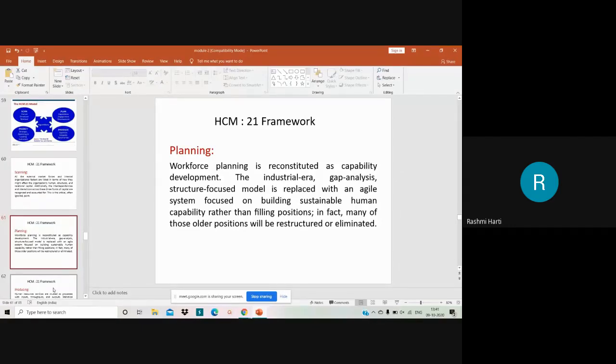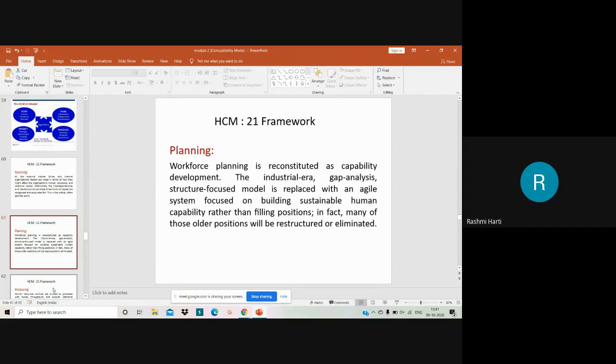In fact, many of these older positions will be restructured and eliminated. Now, if you could see, many of the old or traditional jobs are being eliminated, and everything is reorganized, or you could say re-engineered, right? So things have changed. A lot of job positions have changed. A lot of jobs have changed. A lot of systems have changed, right?